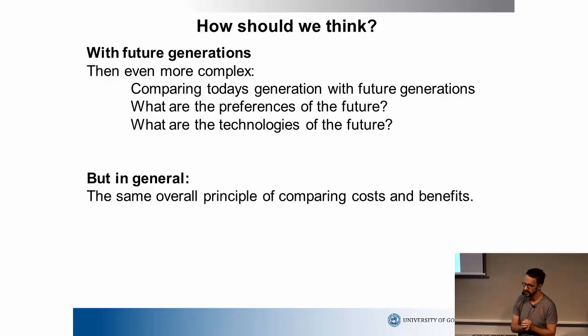So that's a rough, quick version of how to think about that. However, even if we include future generations, it's still the same type of mindset. What are the benefits? What are the costs for today and for future generations when it comes to determining the policy, right?